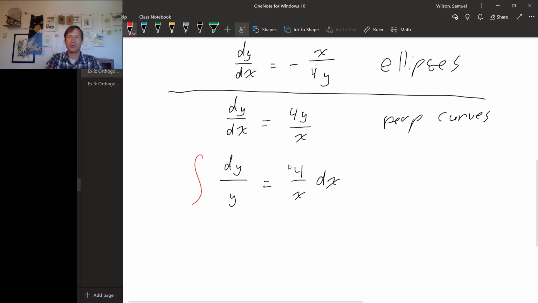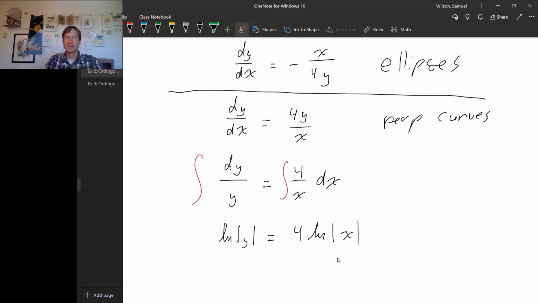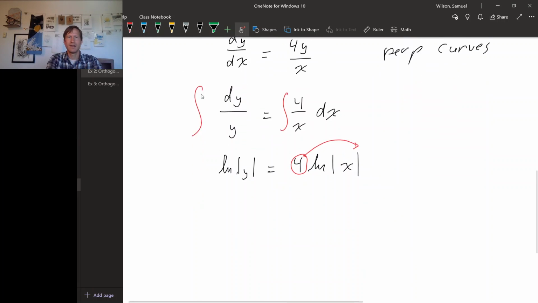Then integrate both sides. On the left-hand side, we get natural log absolute value of y. On the right-hand side, we get 4 times natural log absolute value of x. Okay. We're going to exponentiate, but before we do that, I want to move this 4 inside the log.